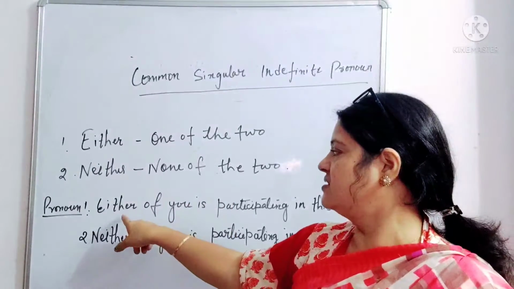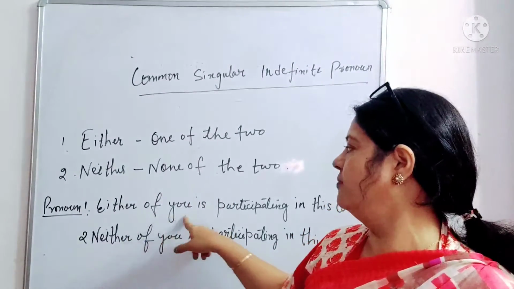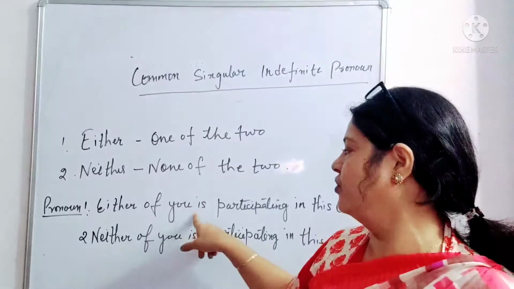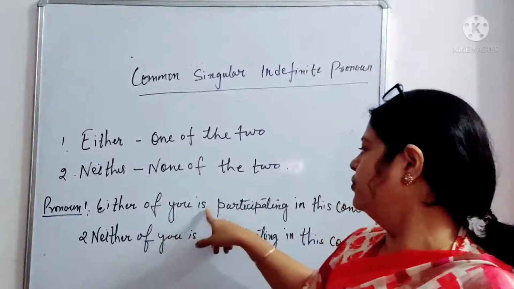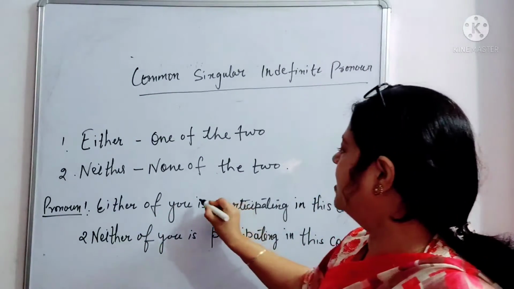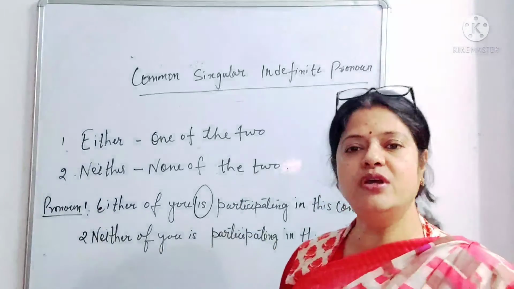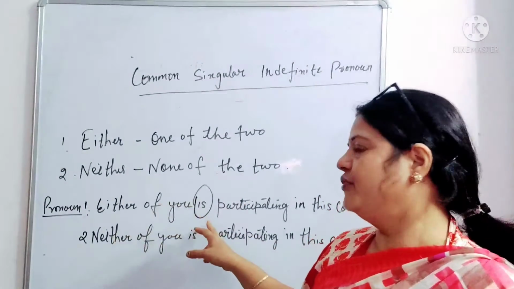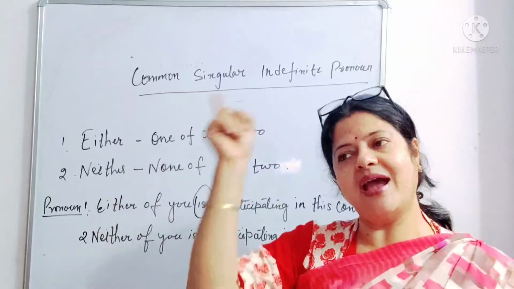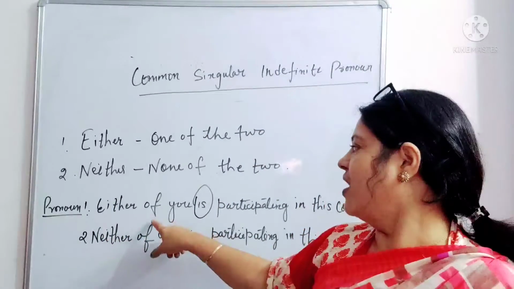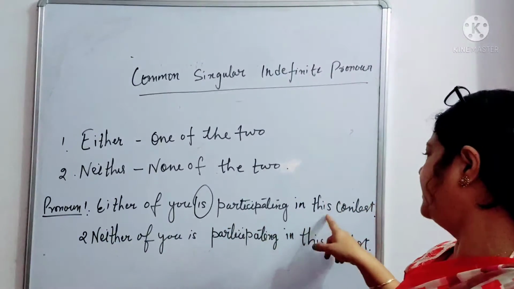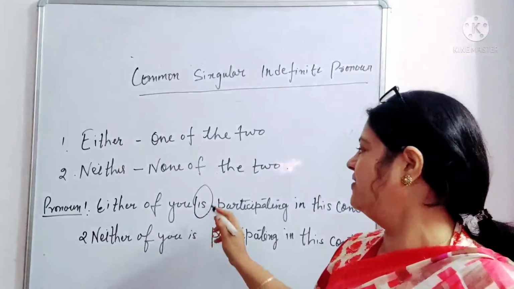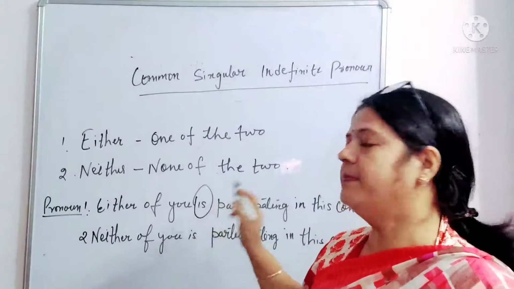When we see this, either is followed by a prepositional phrase, okay, of you. So either of you is participating. So here we have used a singular verb. Either of you means two persons are there and we are choosing one. So either of you is participating in this contest. So that is why we have used the singular verb is.